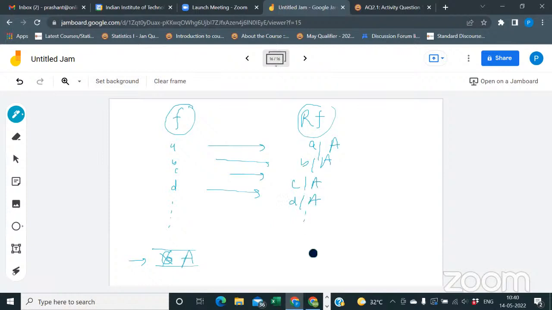We were taught this in 9th. One important thing is that the sum of all relative frequencies should be 1, and the sum of all frequencies should be A. That is the basic concept.